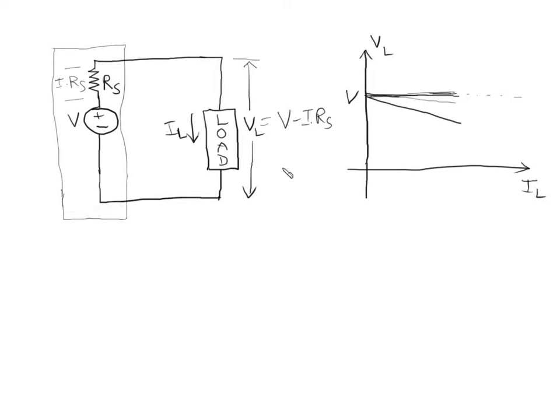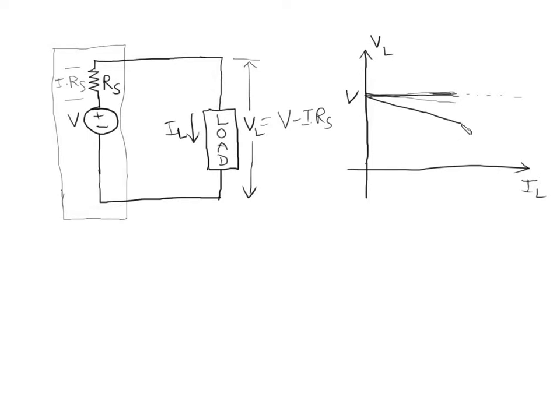Another issue with many practical implementations of voltage sources is that they have a limit on how much current they can actually supply. You cannot draw an arbitrarily large current from these kinds of sources. For example, consider a regulator, basically a switch mode power supply, which is often used in laptops and PCs to power your motherboard.